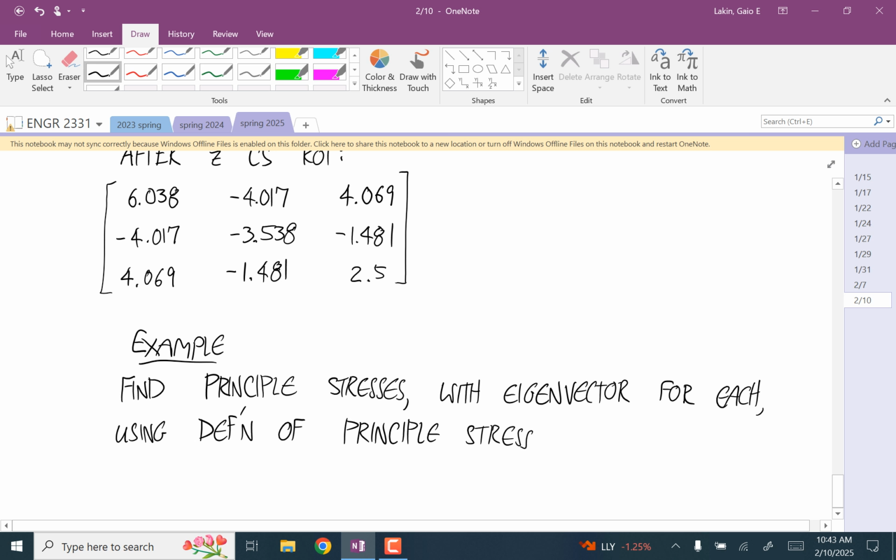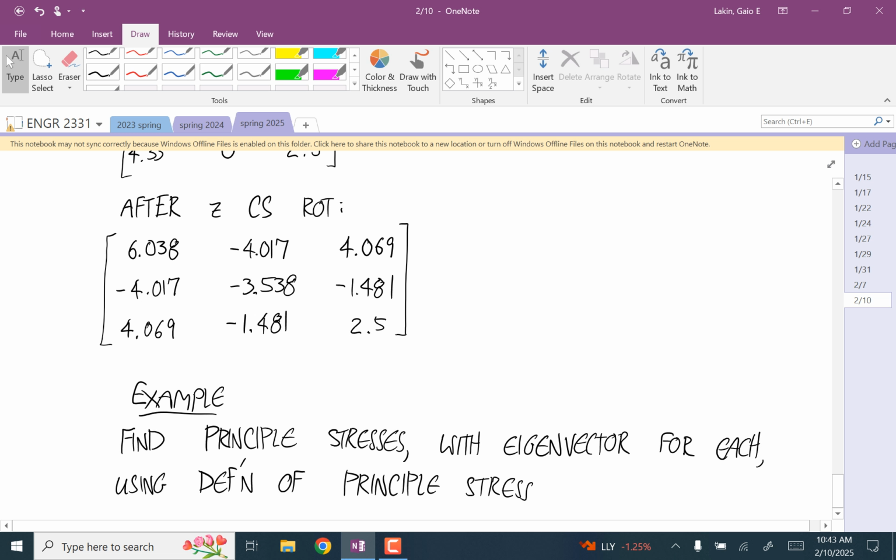Okay, so if you just saw this on a homework problem or an exam or something, you were given this matrix and you were asked to find a maximum or a minimum normal stress or a maximum shear stress or whatever, the way you would do this is super quick and simple.